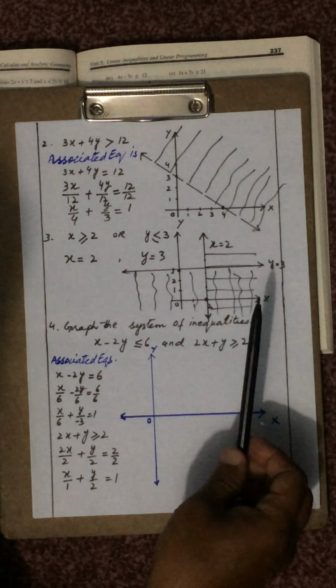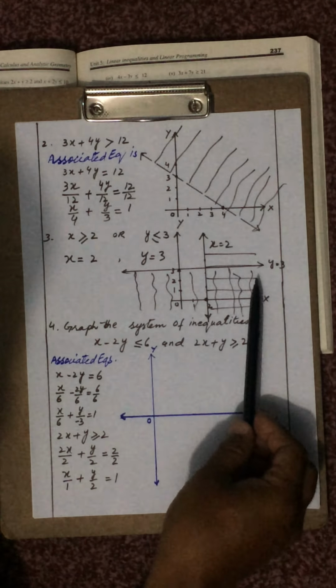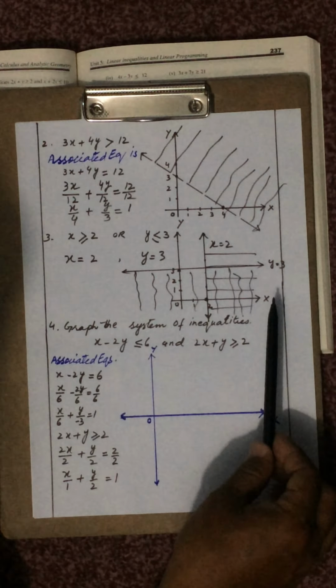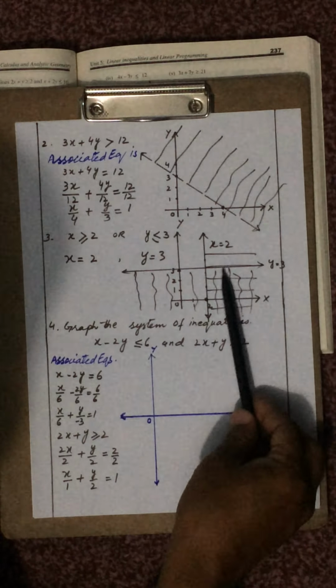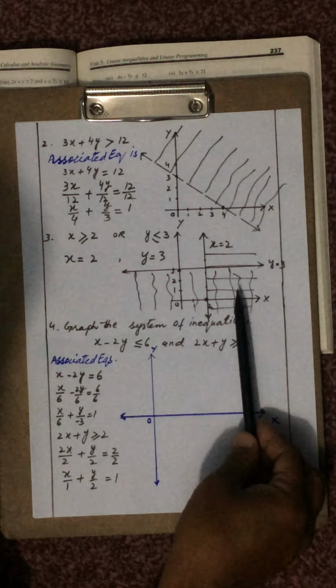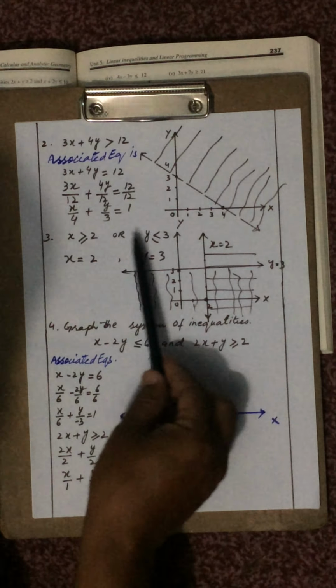So which one is the common region? This is the common region where both shadings occur. This is x greater than 2, this is y less than 3. So this common region is the common area for these two inequalities.